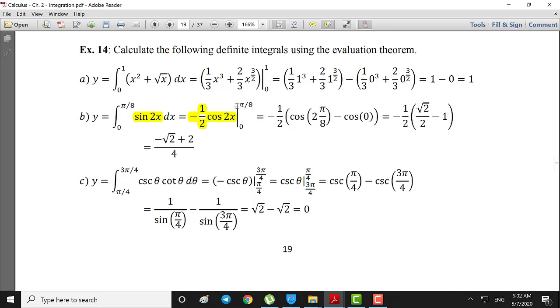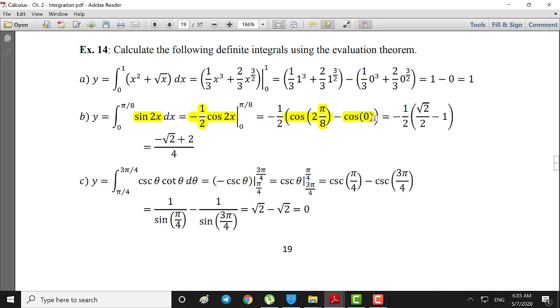So this is equal to minus 1 over 2 cosine of 2x at pi over 8, which we have here, and the result negative cosine of 2x evaluated at the lower limit, which is cosine of 0.